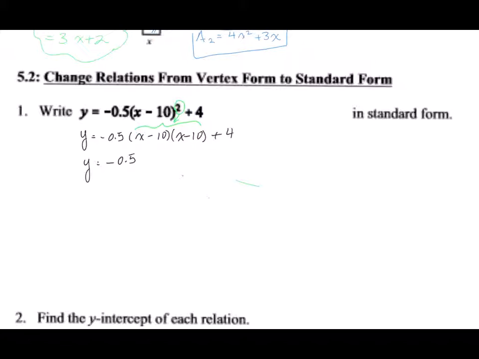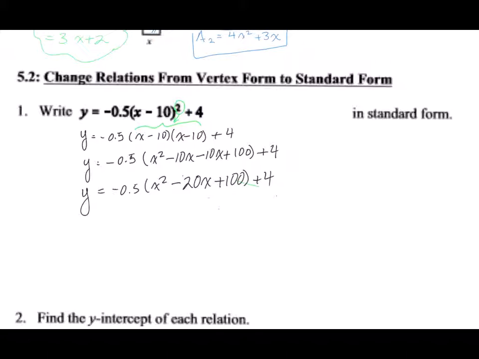So we get 0.5, and inside the bracket we're going to get x squared minus 10x plus 100, and bracket plus 4. Now let's simplify by bringing the two numbers in the middle inside that bracket. So we're going to get 0.5 bracket x squared minus 20x plus 100 and bracket plus 4 still.